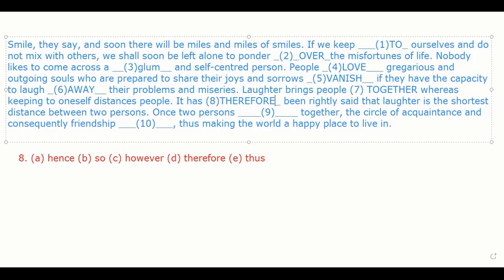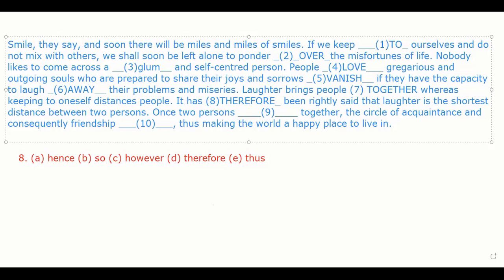So guys, we use "hence" generally when some big argument is happening. Does everyone understand? It is "therefore". It has therefore been rightly said, because you already have argued that and say this is the conclusion. It has therefore been rightly said that laughter is the shortest distance between two persons.